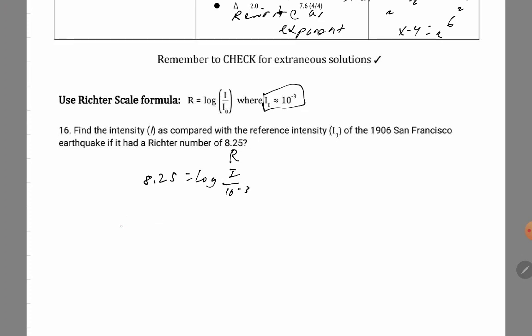And what's going to happen is we're going to have 10 to the 8.25 equals 10 to the log base 10. So that cancels, and I'm left with I divided by 10 to the negative third. Multiply both sides by 10 to the negative third, we'll get 10 to the 5.25 equals I.